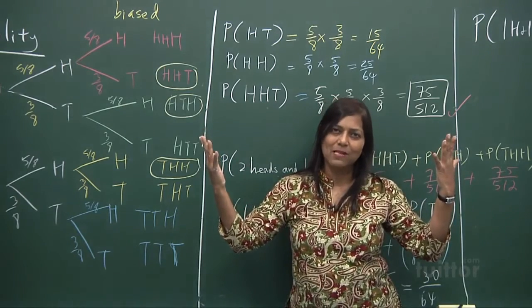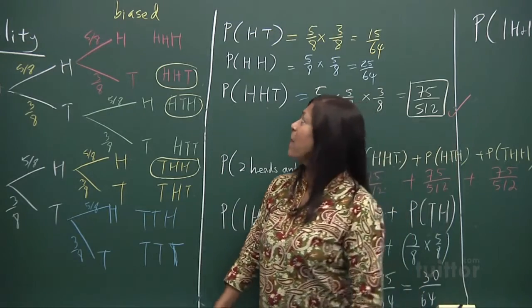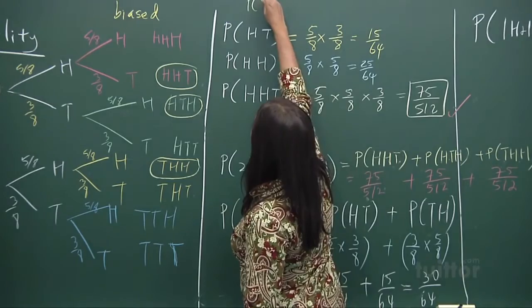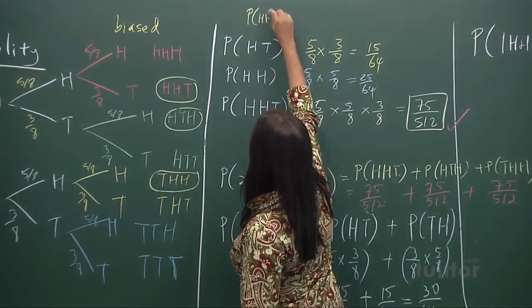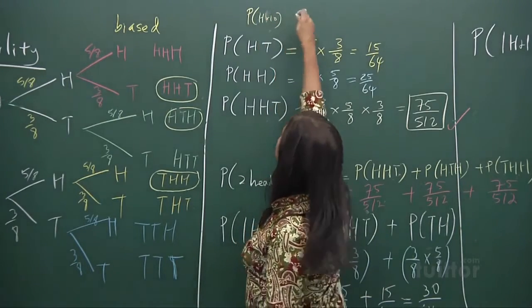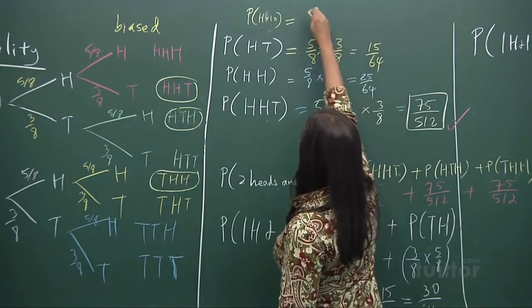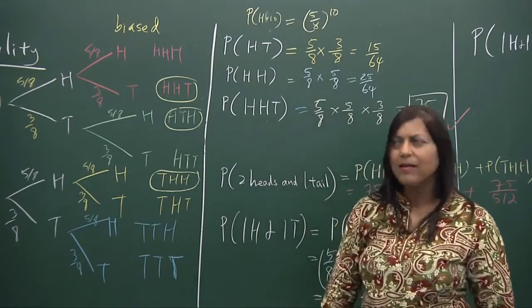So that means 5/8 to the power of 10. So the probability of getting 10 heads, head 10 times, is 5/8 times 5/8 times 5/8 times 5/8, and so on. That means this probability is to the power of 10.